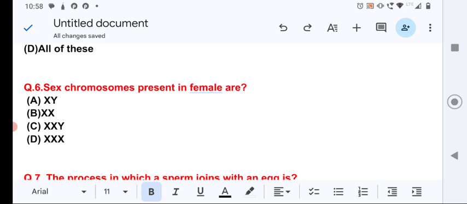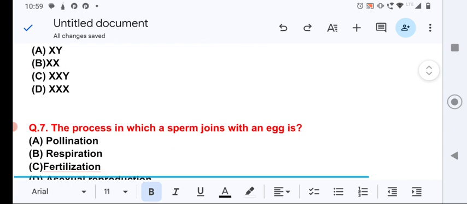XY determines that the child is a boy, and XX determines that the child is a girl, that is XY for male and XX for female. These are the two types of sex chromosomes, X and Y.